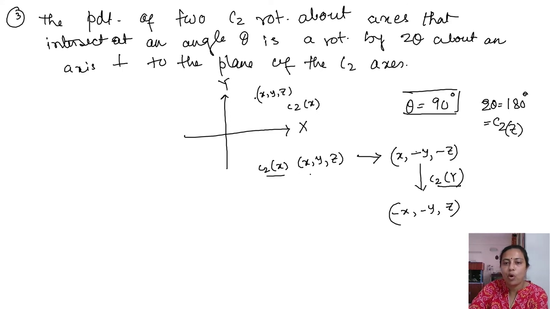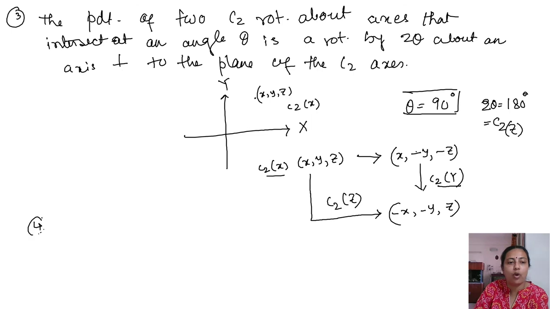If you do C2z, that is not going to alter your z coordinate, but going to alter your x and y coordinates and will make them minus x and minus y. So if you have C2x and C2y, the angle between them is 90 degrees, and that would automatically generate another C2 axis along z, which is perpendicular to the xy plane.